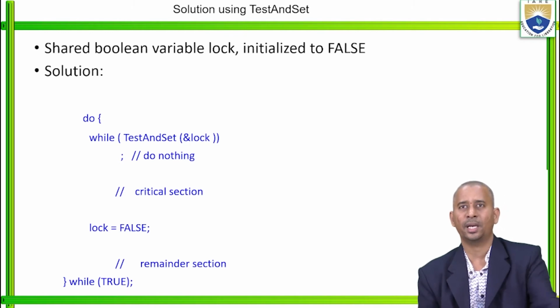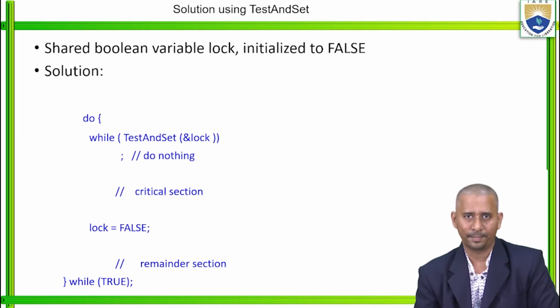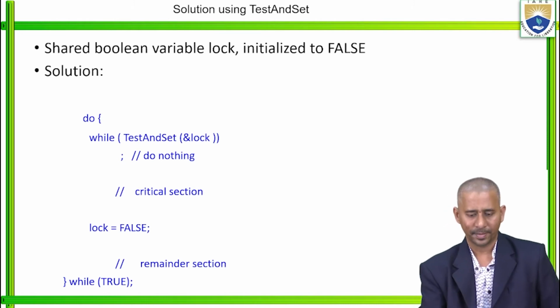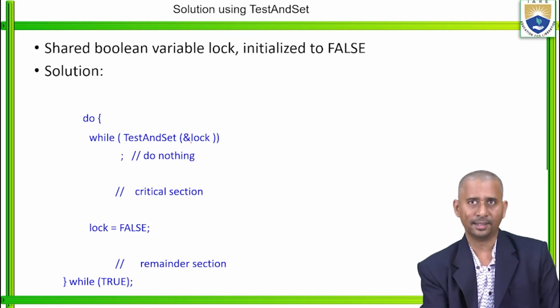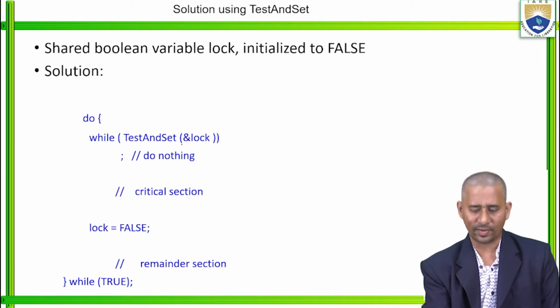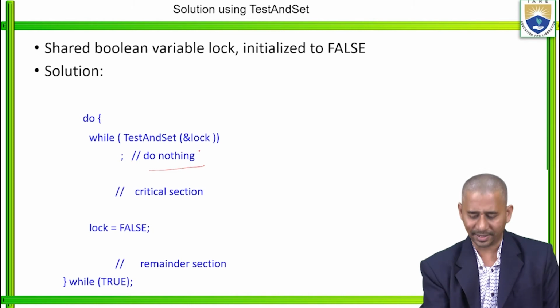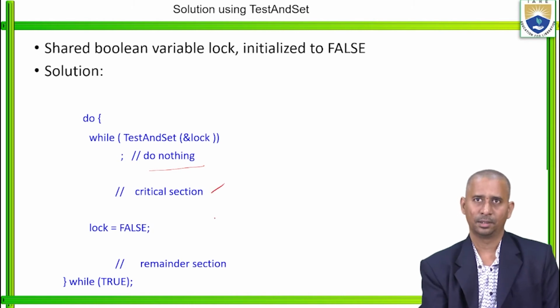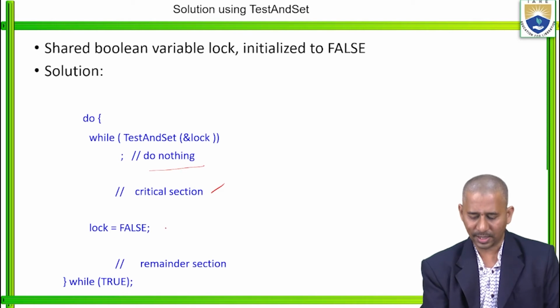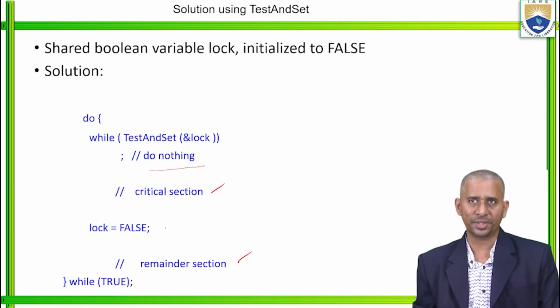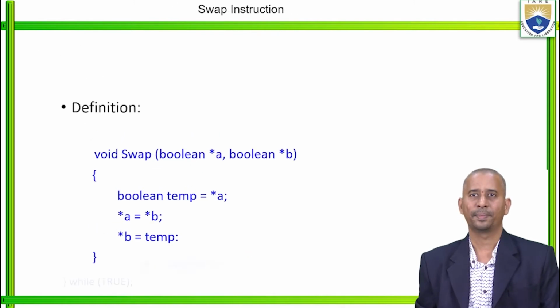Here we need to share a Boolean variable lock that is initialized to false. While test and set acquires the lock, do nothing; then it enters the critical section. Then lock equals false, and then the remainder section. So this is the solution using test and set.